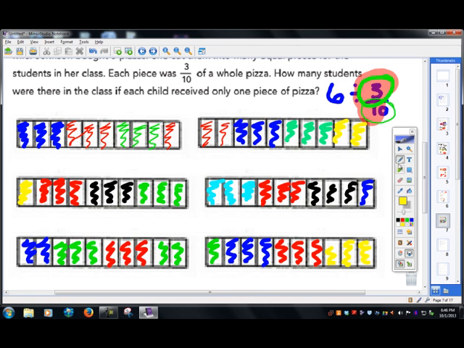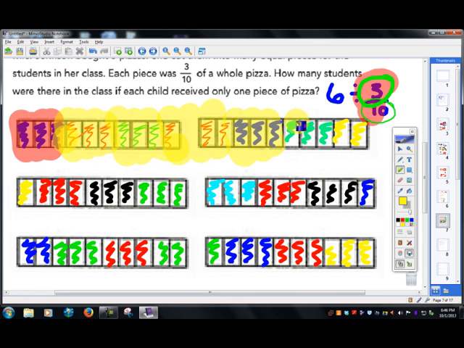Now let's go back and let's count our groups. Okay? Okay, there's a group of 3. Or I mean a group of 1. That's one group. 2, 3, 4, 5, 6, 7, all the way down to here, right?